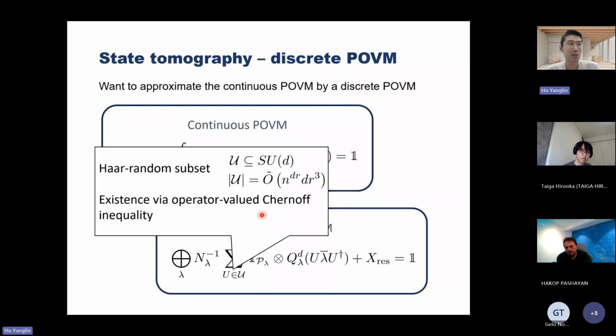But we still offer a construction of the design. Basically, you sample a unitary from the Haar measure, and you repeat this, making it the first element of the unitary design, and then you sample the second one. If you sample enough times, like n to the power of dr times dr cubed, then you have very high confidence that this is a unitary design.